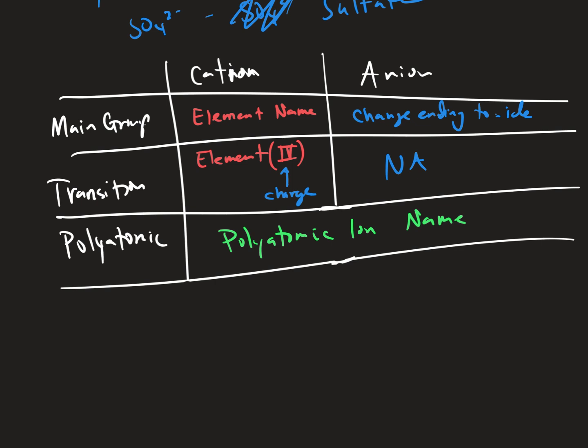So let's do Al2O3. This is on your worksheet, section 8. Well, maybe I ought to give you some steps to writing the name, yeah? Would that help?